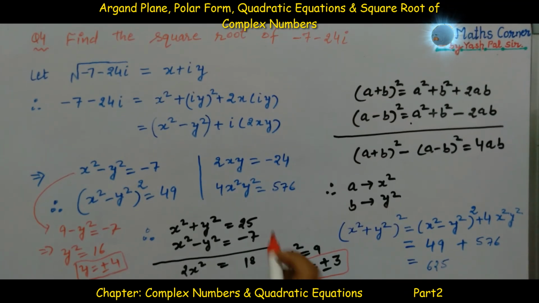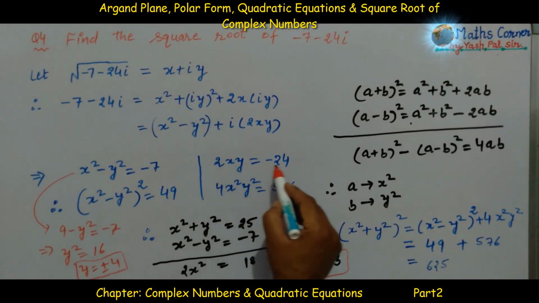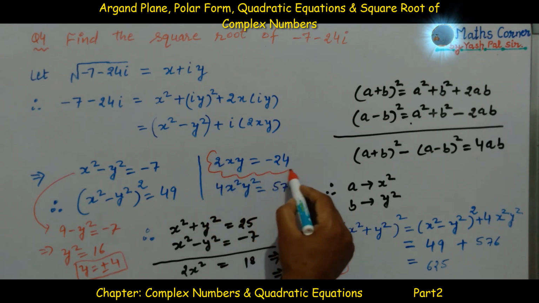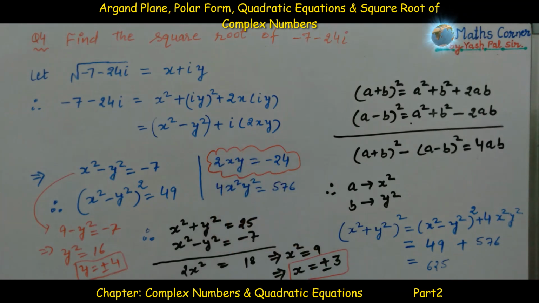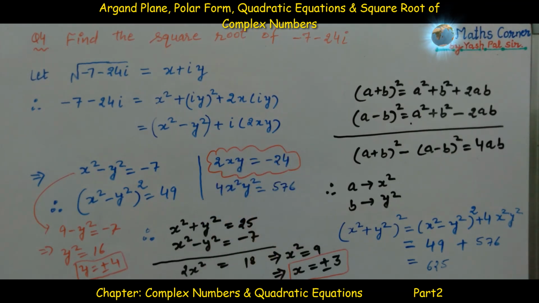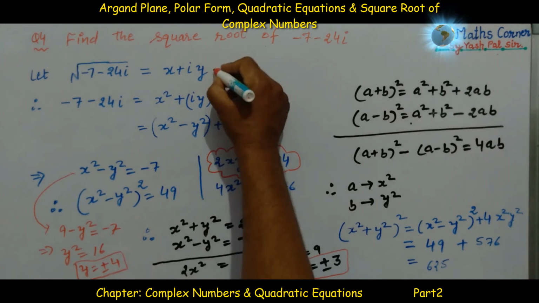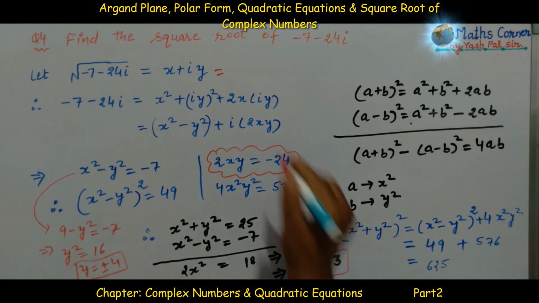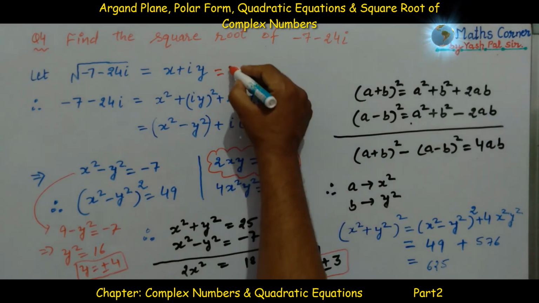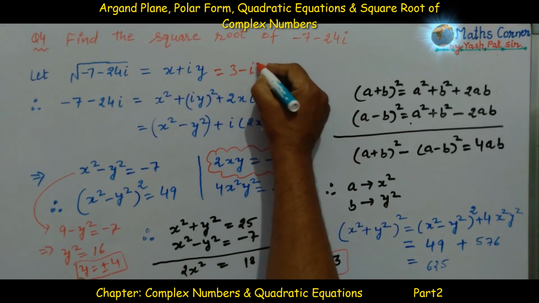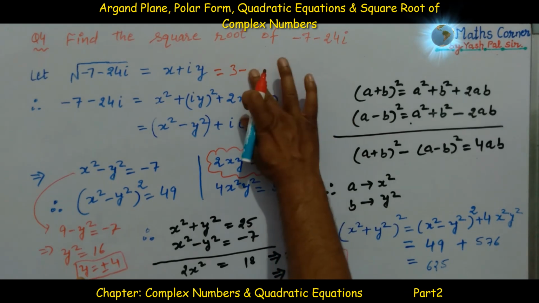But see this, 2xy is equal to minus 24. This means the product of the two numbers is negative. If x is positive, then y should be negative. If y is positive, then x should be negative. So x plus iota y can take these values: if we take x positive, meaning 3, then y should be negative, that is minus 4 iota.